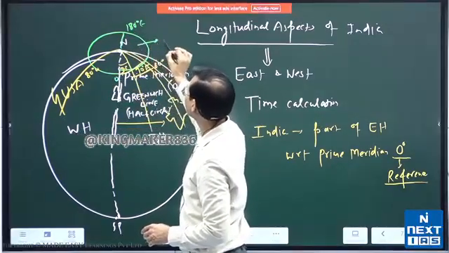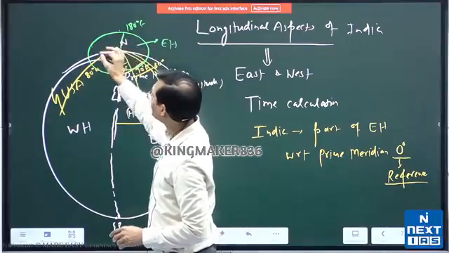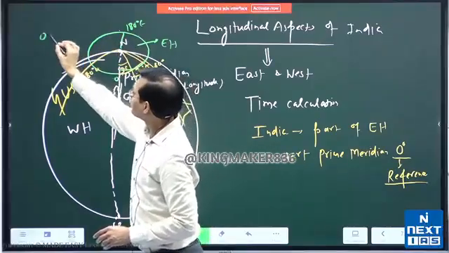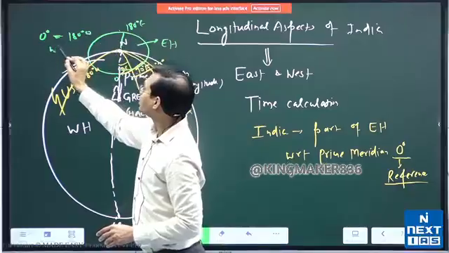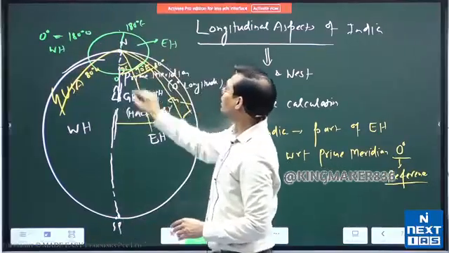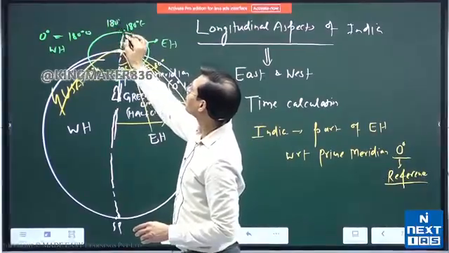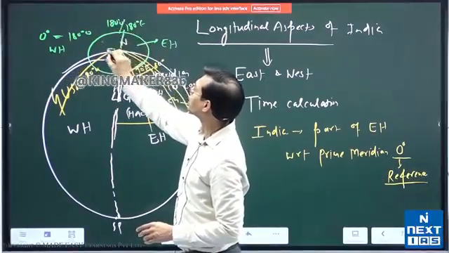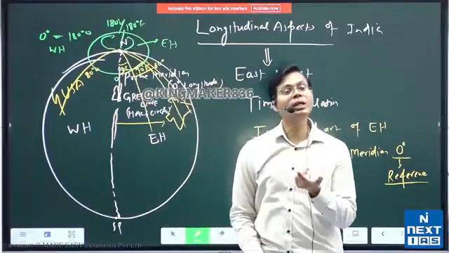It is which hemisphere? But 0 degree to 180 degree west, which hemisphere is this one? 180 degree west, that is the western hemisphere. But according to you, are 180 degree east and 180 degree west the same line or different lines? Same line. East and west meet; here we go west, here we go east. So 180 degree east and 180 degree west are the same line.